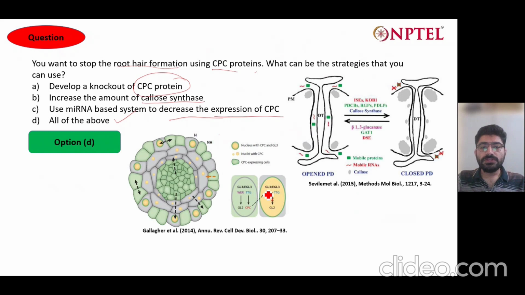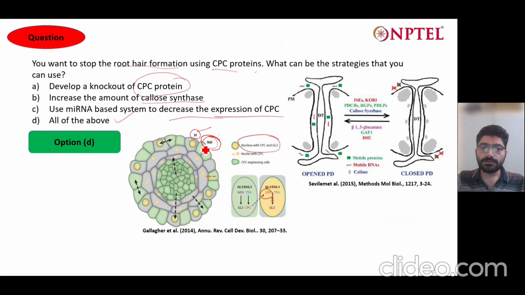So, as we know, CPC is involved only in the cells that help in the formation of root hairs. In the roots, there are two types of cells present. One will be H, the root hair forming, and the second one will be the non-root hair forming. CPC protein is involved in the formation of root hairs, but it is produced in the cells that do not produce root hairs.